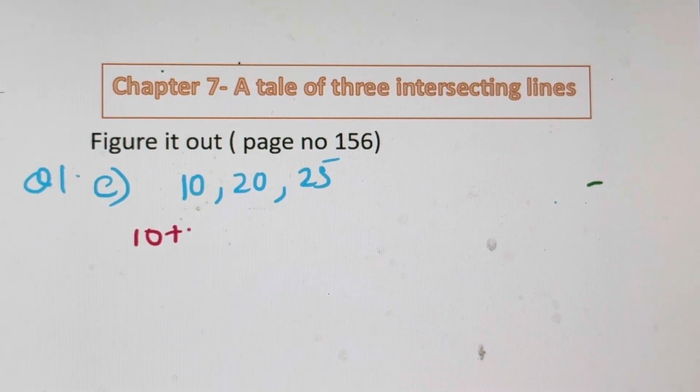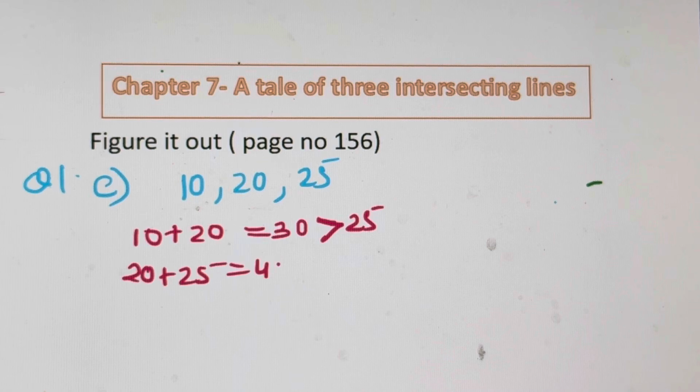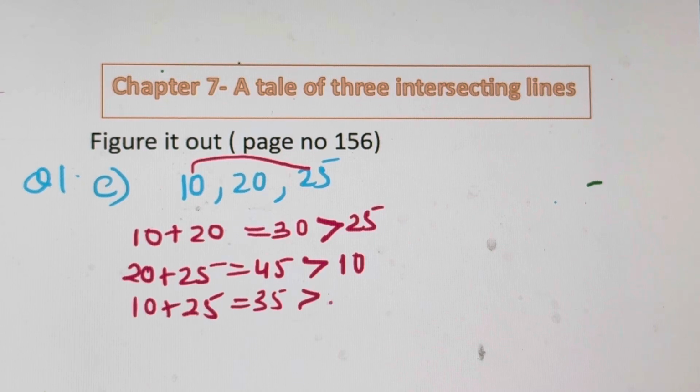We add the first two sides, 10 plus 20 is 30, which is greater than 25. This is 25. Okay. Then we take 20 and 25, which is 45. So that's greater than 10. Then 10 plus 25, these two combination we have taken now, it's 35. So that's greater than 20, right?